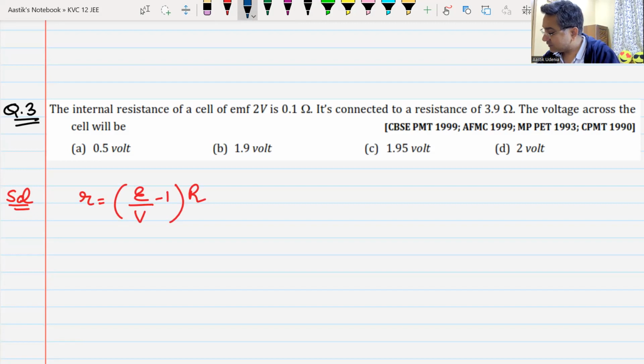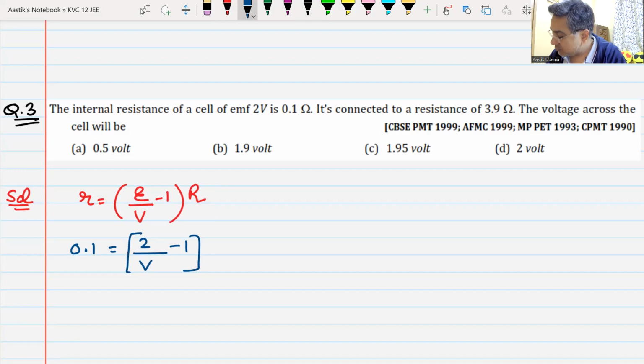Internal resistance r is 0.1, equal to (EMF 2 by V minus 1) multiplied by the external resistance 3.9. Just solve for V and you will get the value of V. I guess the value of V is 1.95.